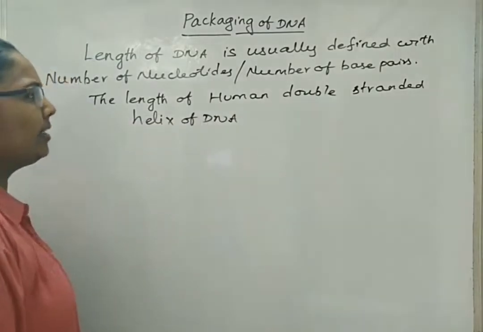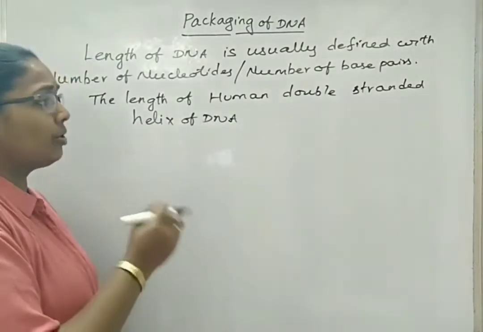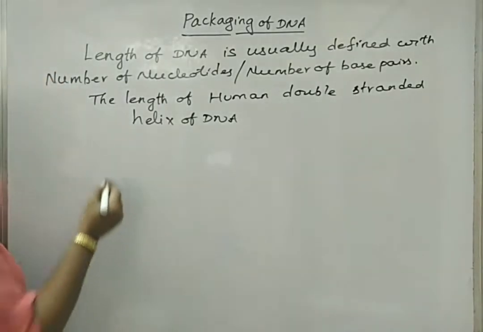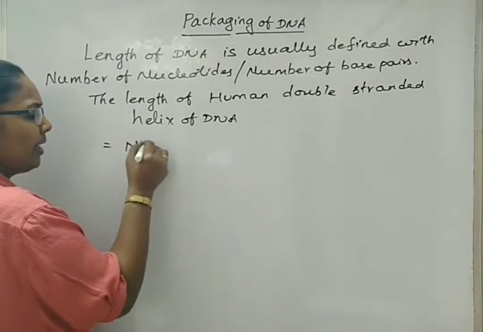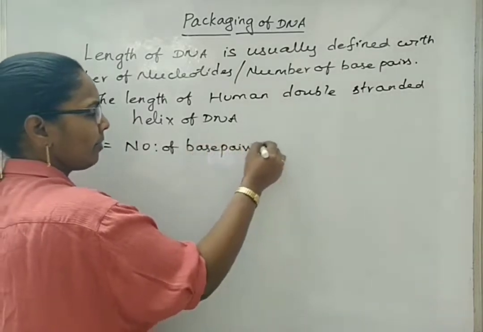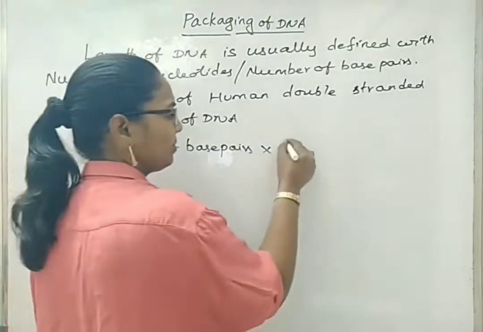If we want to calculate the length of double-stranded helical DNA in a diploid human cell, there is a small formula: we can apply the number of base pairs into the distance between two nitrogen base pairs.